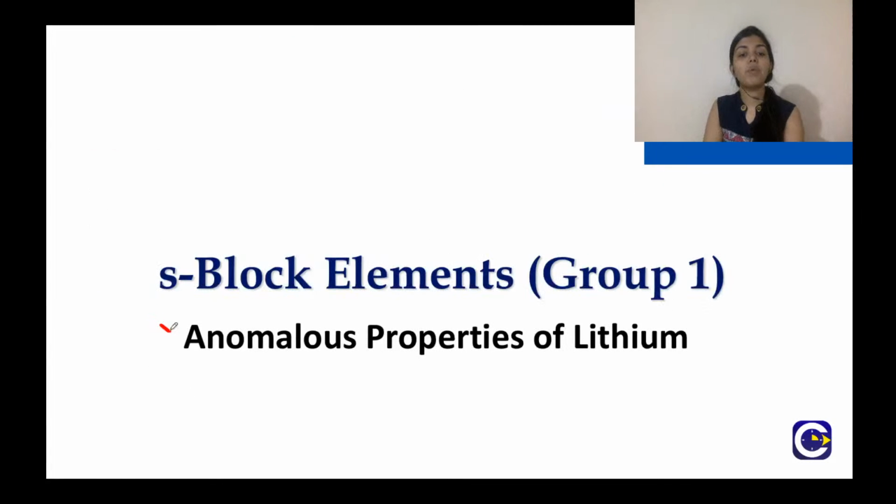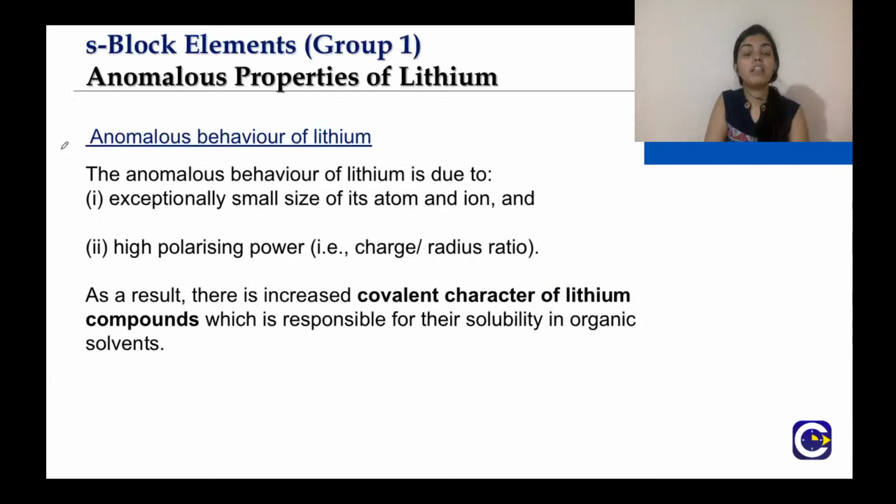Now we come on to anomalous properties of lithium. Anomalous properties means how it is different from the rest of the members of the same group, right? That is, how lithium is different from sodium, potassium, rubidium, cesium, francium. The reason for the anomalous behavior of lithium is that it has an exceptionally small size, so it has high polarizing power. Why?